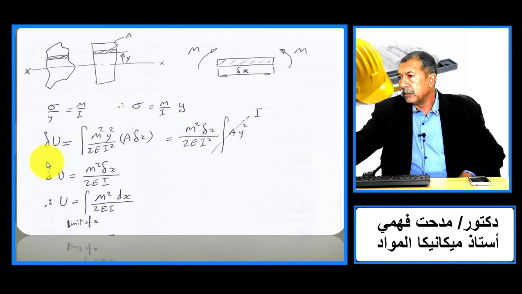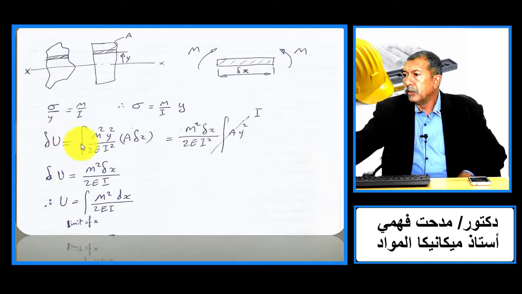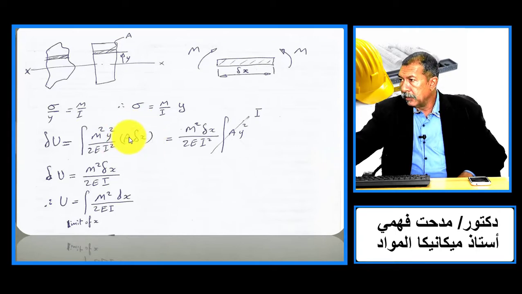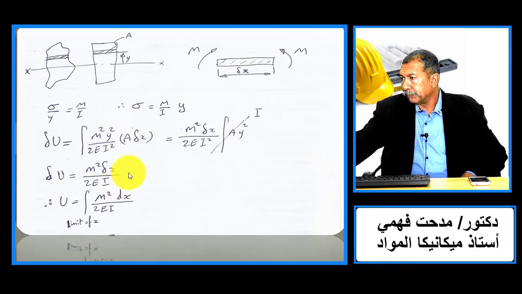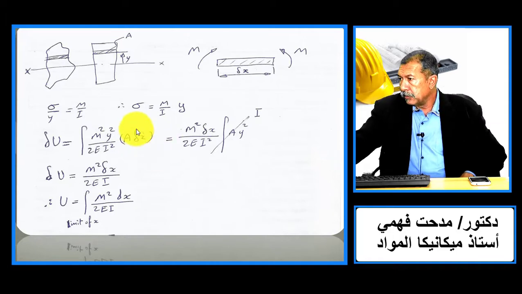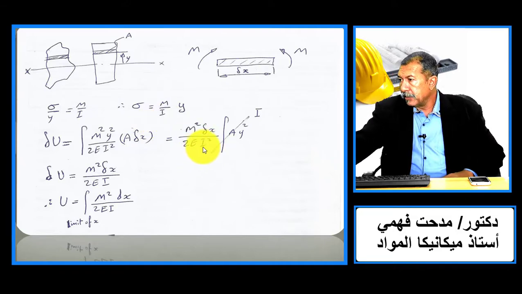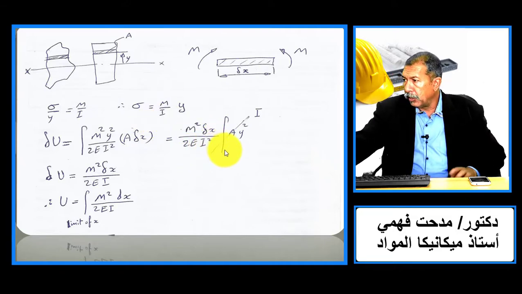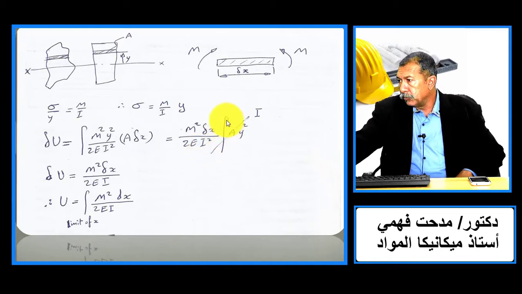And if we make delta U, we have integration M squared y squared divided by 2E I squared multiplied by delta A, which means the area. Because we put sigma in the formula, anything not related to integration we can put outside, and we reach this equation.